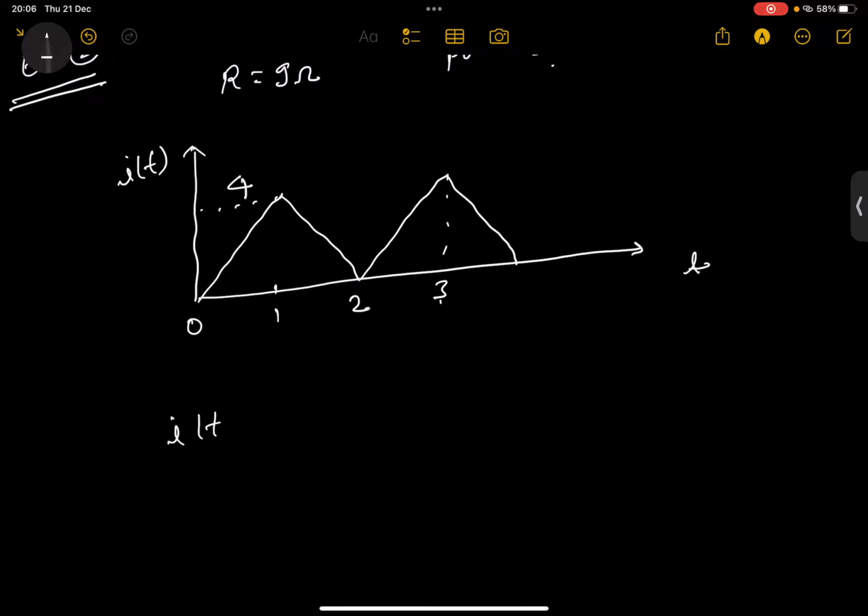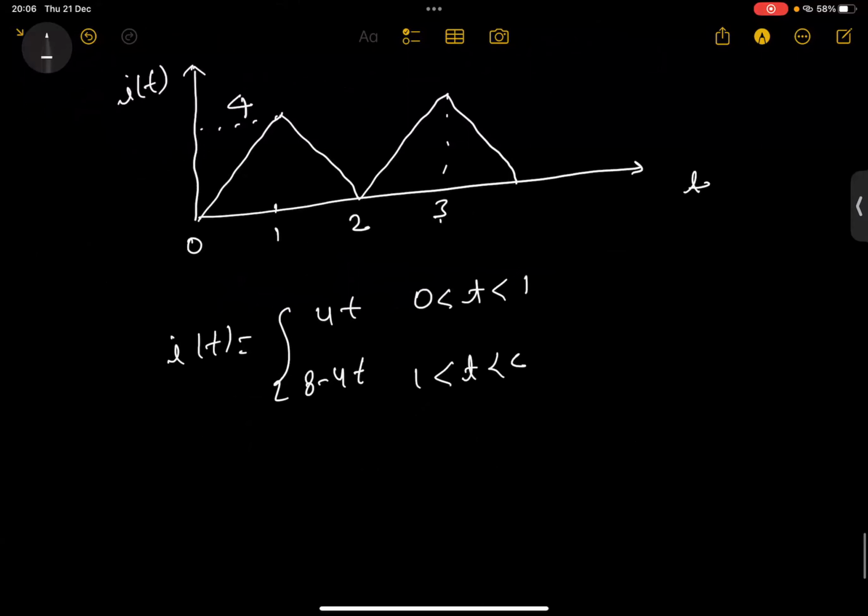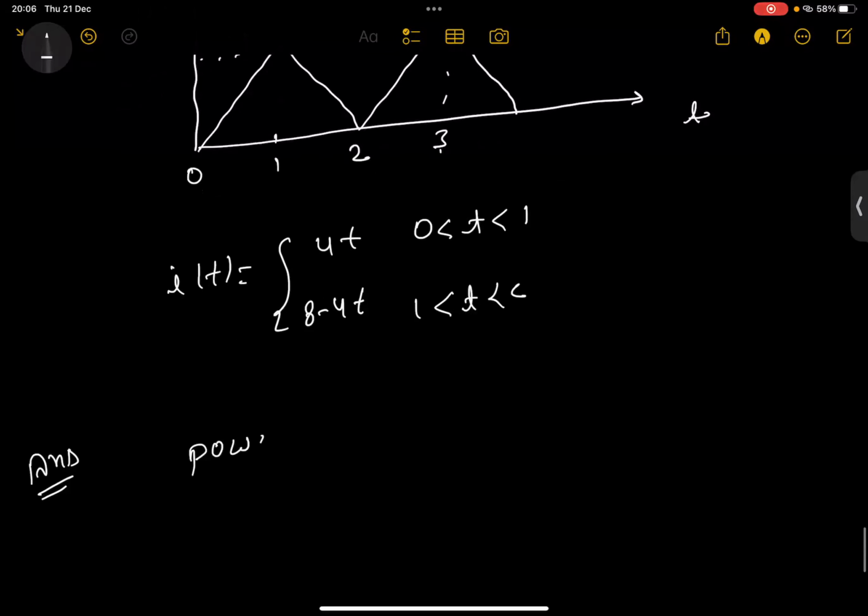The i(t) waveform is 4t when t varies from 0 to 1, and when t varies from 1 to 2, this will become 8 minus 4t. You already know that power is always equal to IRMS square into R, but you don't have the RMS value of current.